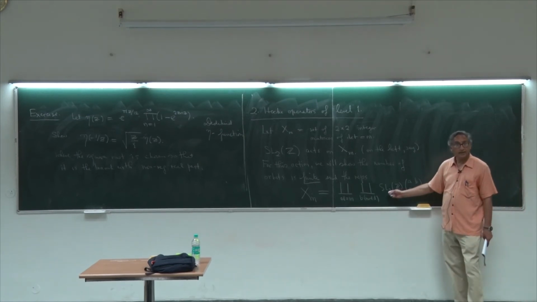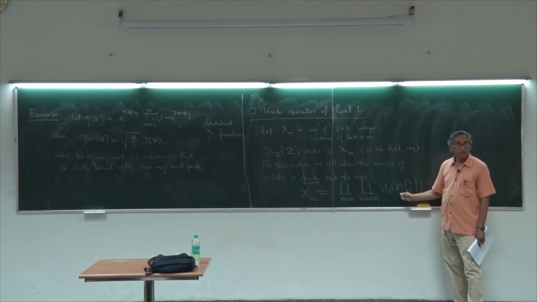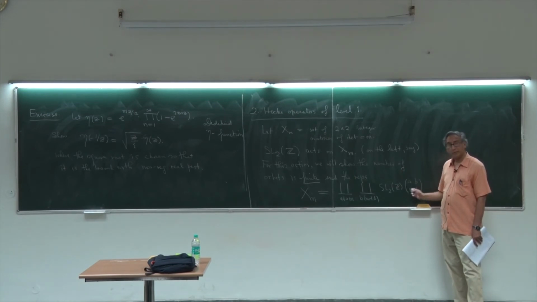Since I've got a left action, this is why I'm writing it like this. So these are your representatives, A, B, 0, D.